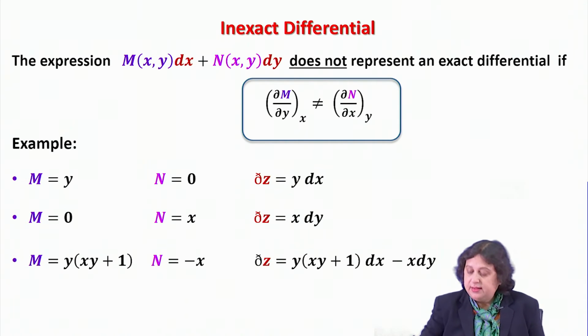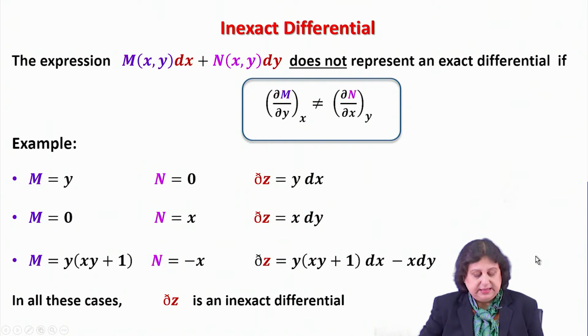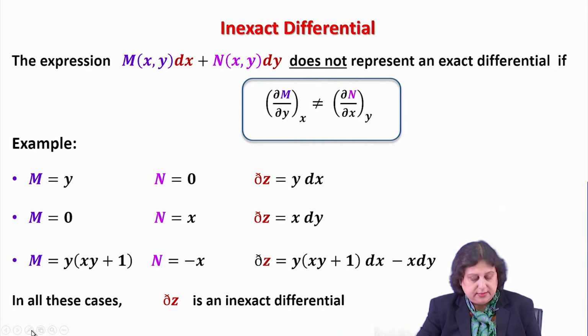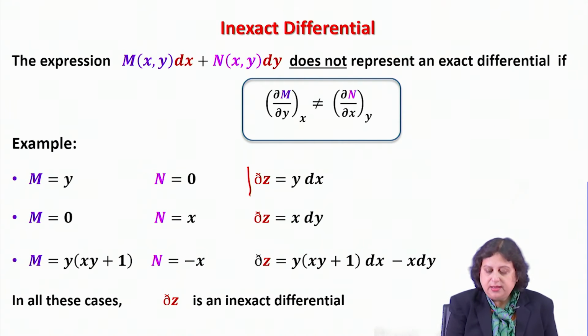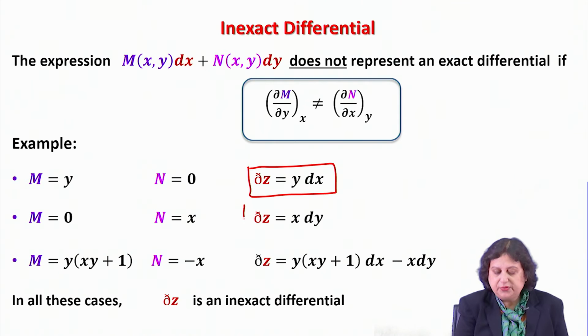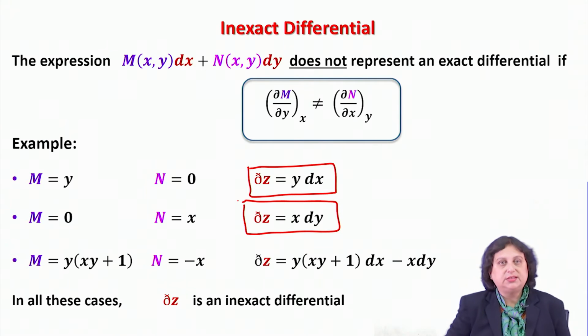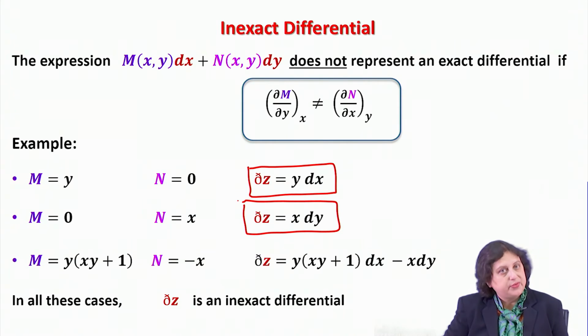And once again, therefore, I will say that in all these cases that I have highlighted over here, these are inexact differentials. So, I would like you to remember the forms of these two inexact differentials for the purpose of the rest of my discussion.